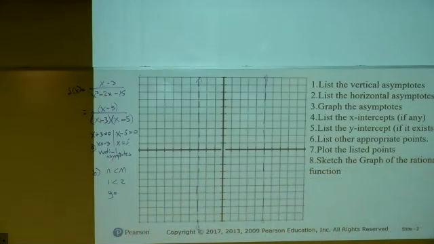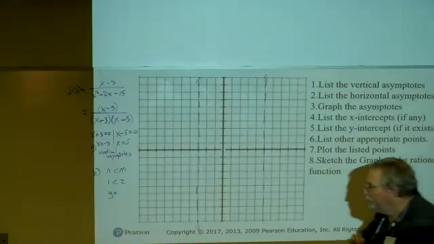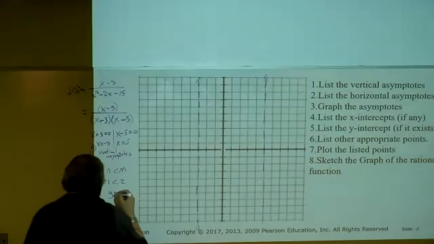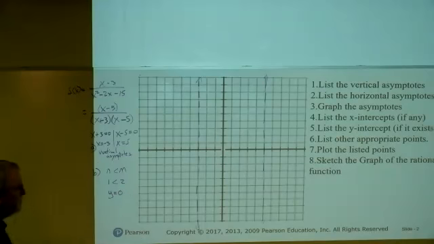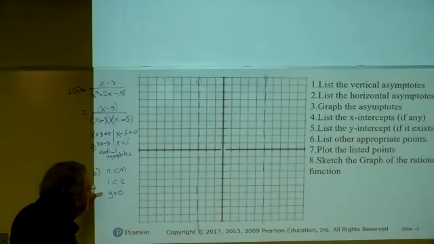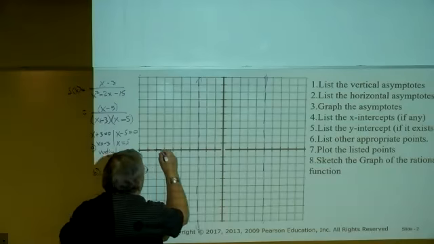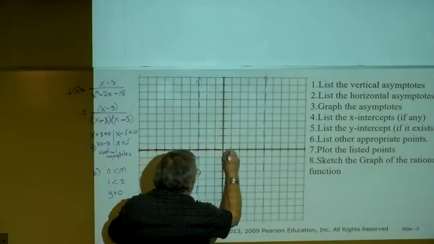It's something you should know already. y equals 0. That means the horizontal asymptote is the x-axis.